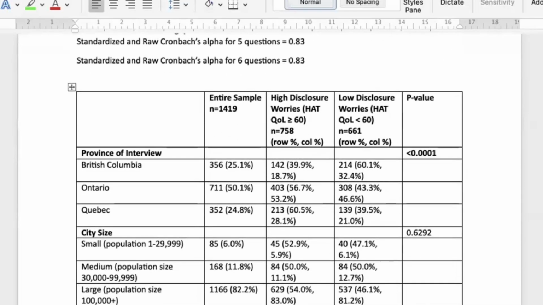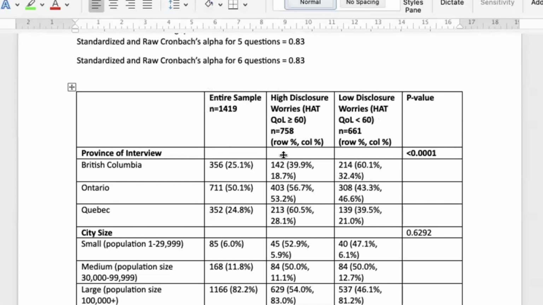So we have high disclosure worries. We have the result for the entire sample, but let's just forget the first column. Then we have those with high disclosure worries in the second column, and those with low disclosure worries in the third column, and then the p-value, okay?